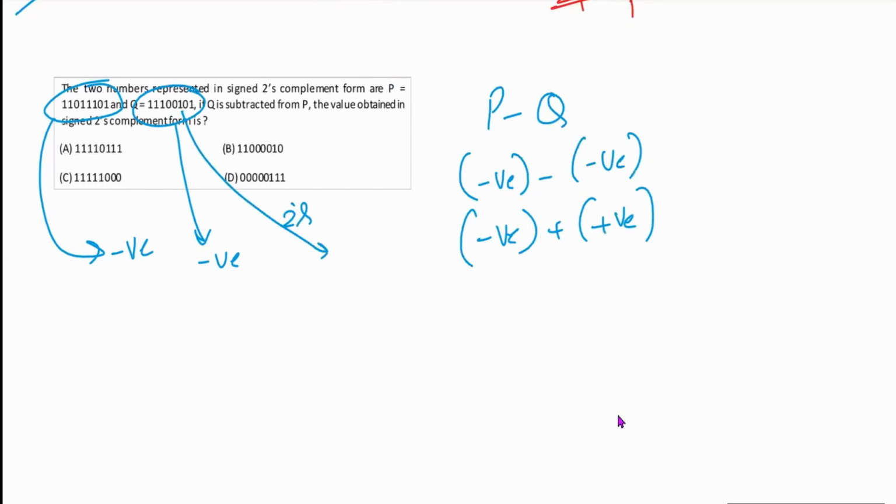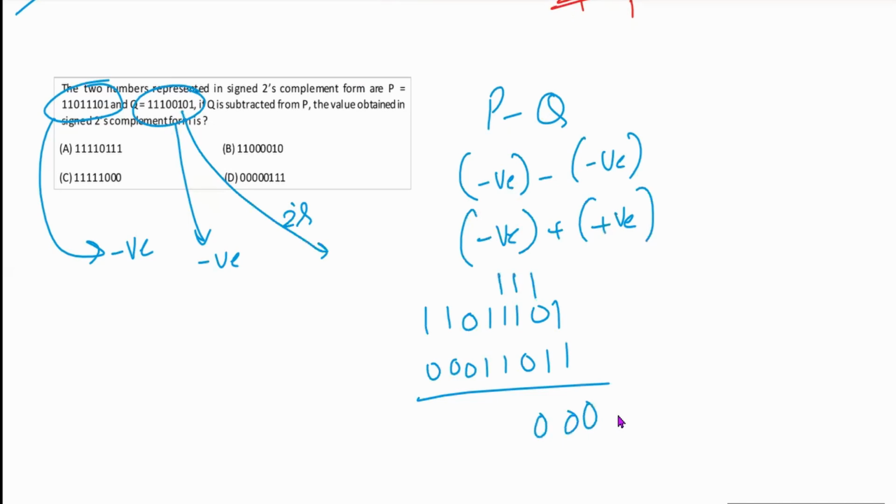First I will write P: 1 1 0 1 1 1 0 1. Then I will take 2's complement of this one, 1 1 0 1 1 0 0 0 1. Plus: 1 plus 1 is 0, 1 carry will be there, 1 plus 1 is 0, 1 carry will be there, 1 plus 1 is 0, 1 carry will be there, and summation of 3 ones is 1, 1 carry will be there, here is 1, 1 carry will be there, here is 1, 1 and 1.